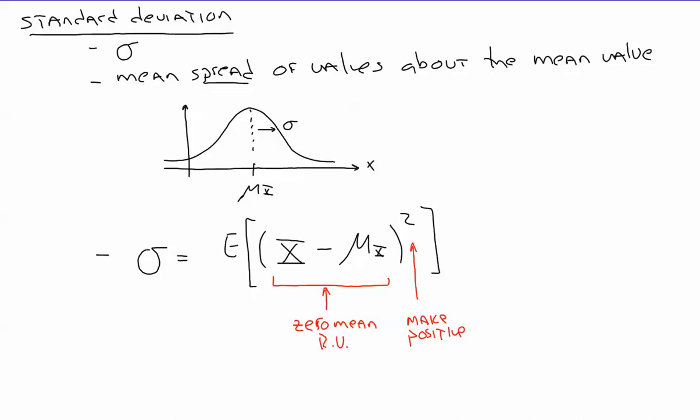All right? I'm going to take my random variable, x, subtract its mean. Specific values of x minus the mean could be positive or negative. Really what I'm interested in is the distance and not the sign. So I'm going to square everything to make it positive. I'm going to find the expected value of that.